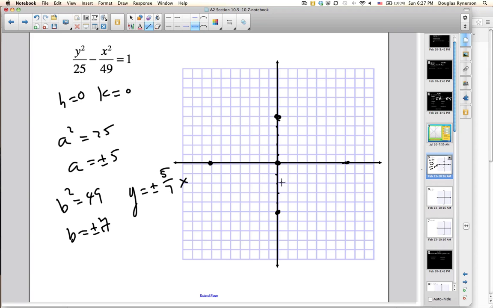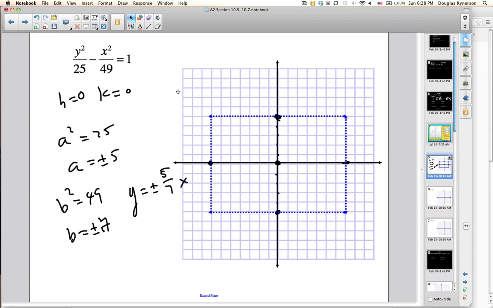Once I've plotted these points, these are my vertices, and these extra points, the b value points, they don't have a particular name, but they're helpful in finding a box that defines the shape of my hyperbola. So if I put horizontal lines through the vertices and vertical lines through the b values, then I'm able to make this box.